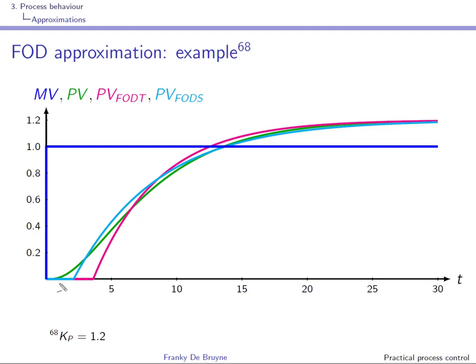Here we have approximated using a first order model with delay. So we have of course a delay, and then because of the first order system we have a slope as soon as the output of the system starts to react. And indeed we can see that with the Skogestad half rule approximation we have a slightly better approximation.